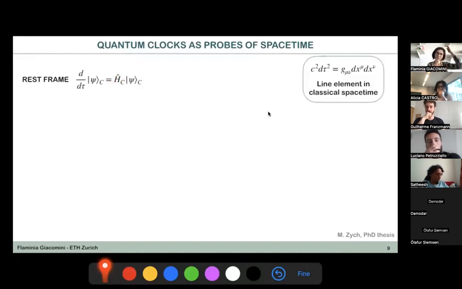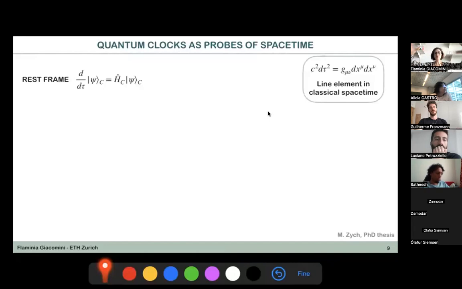The time evolution parameter, with an iħ that I forgot here, is the proper time of this clock. The internal degrees of freedom evolve according to the internal energy of the clock in a time parameter that physically corresponds to the proper time of this clock in its rest frame.